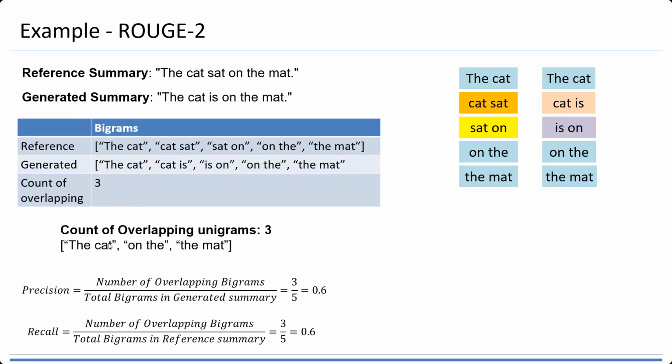The recall uses the number of overlapping bigrams, which is 3, divided by the total bigrams in the reference summary. The total bigrams in the reference summary are 1, 2, 3, 4, 5. Same as the precision, 3 divided by 5, which is 60%.